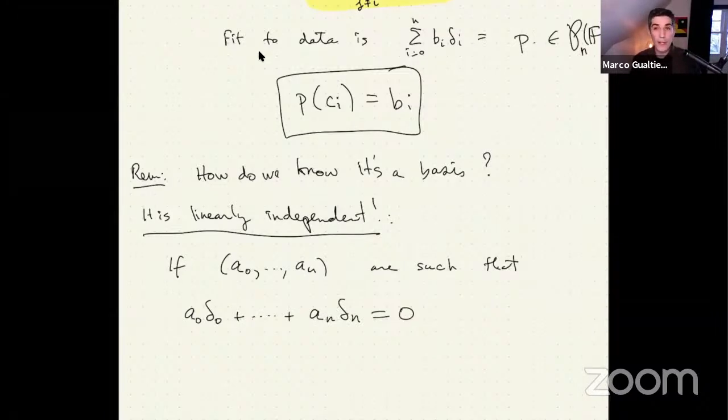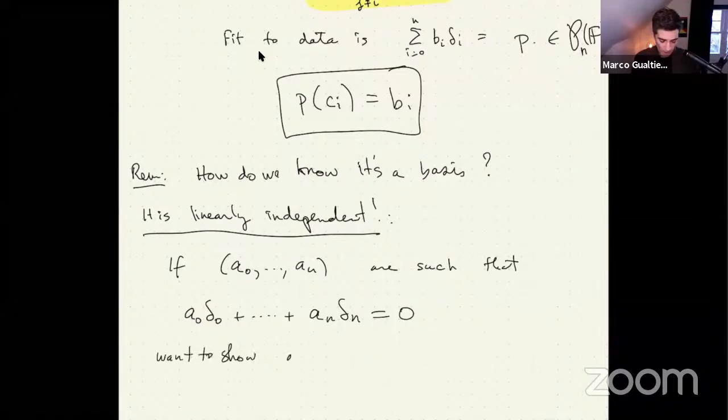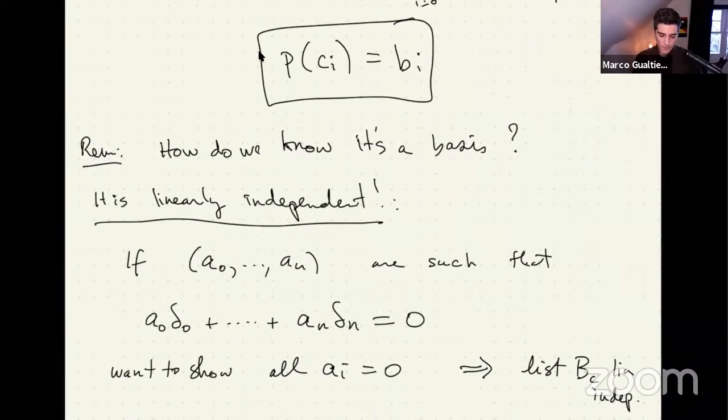I want to prove that the coefficients must all be 0. In other words, that there are no redundancies, that it is a linearly independent list. So we want to show that all the ai's must be 0, and this would imply that the list BC is linearly independent.